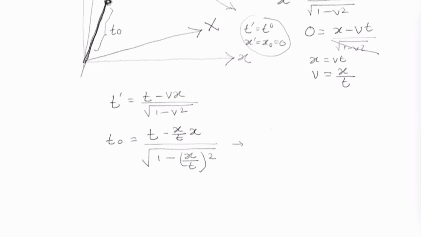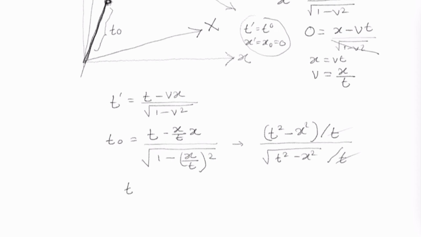So t squared minus x squared divided by t, and in the denominator we will take t squared out. When you take it out of the square root, it becomes t. So square root of t squared minus x squared divided by t. T cancels off. T squared minus x squared divided by square root of t squared minus x squared.